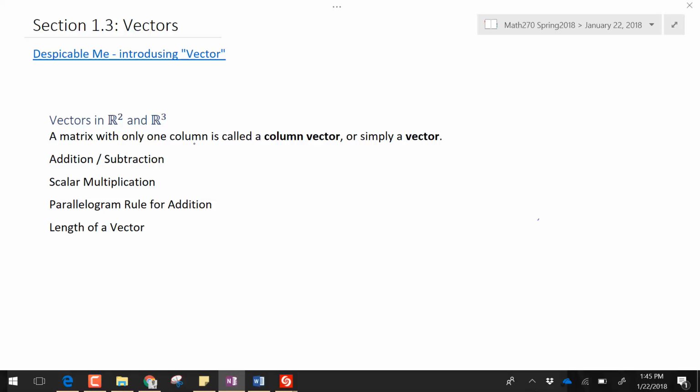But we'll always come back to a vector as a column vector, as a matrix with one column. So let's take a look at a couple of examples of column vectors, U and V.